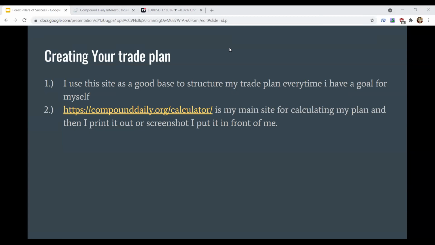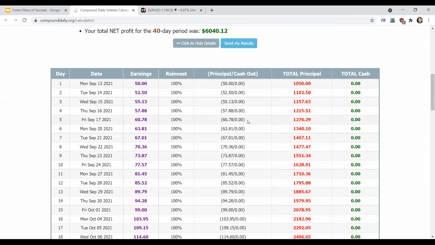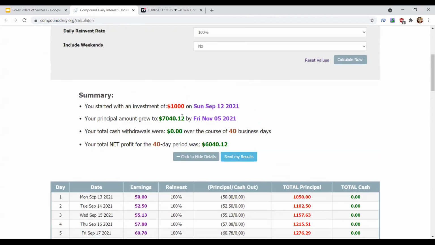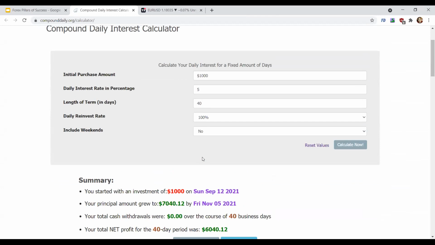So let me try to do it the quote unquote right way. And what happened is I understood what slow compounding can do for you. And that's when I literally turned my first 4 figures to 6 figures in under 30 days, when I properly followed my trade plan.